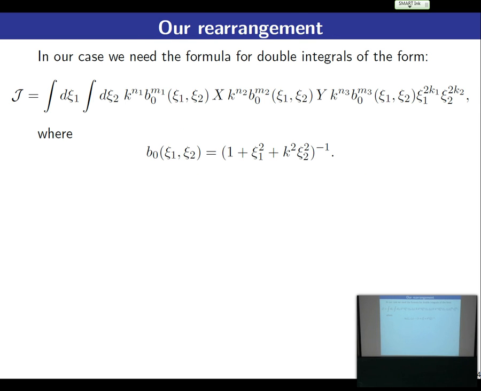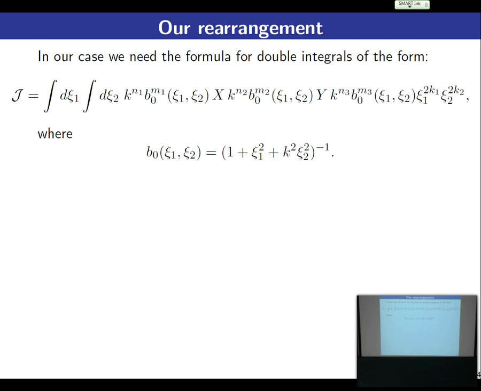Well, we need such integrals in our case. Okay, so our expression contains integrals of the type over xi1, xi2, of an expression of at most 2 such factors. There were just derivatives of k in various combinations, some powers of k collected, some powers of xi1, xi2 possibly standing outside.